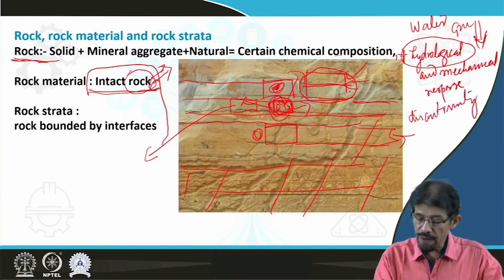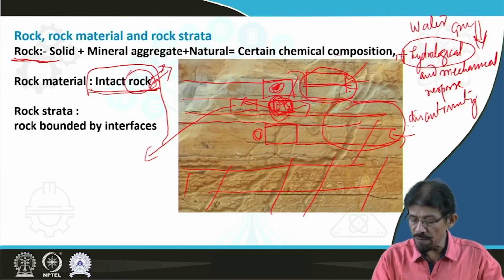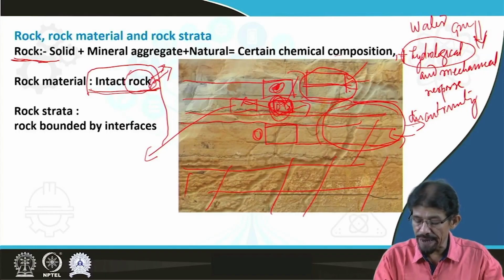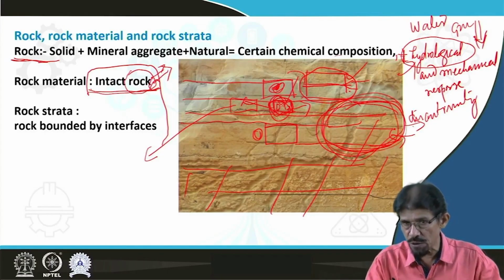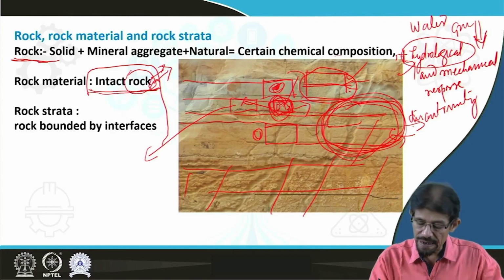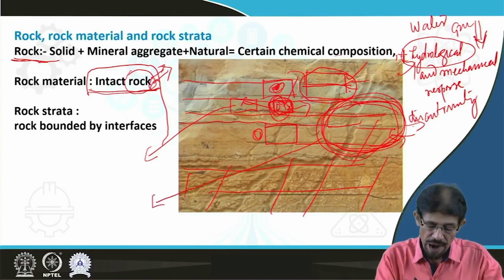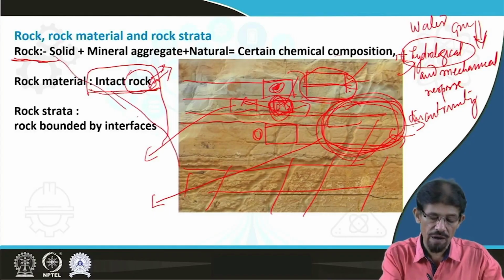So if the rock is traversed by discontinuity, then there is a change in mechanical and hydrological response. If there is a change in mechanical and hydrological response, then the behavior of this is far different than the behavior of rock material or rock.